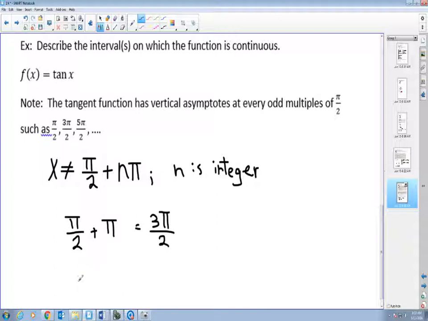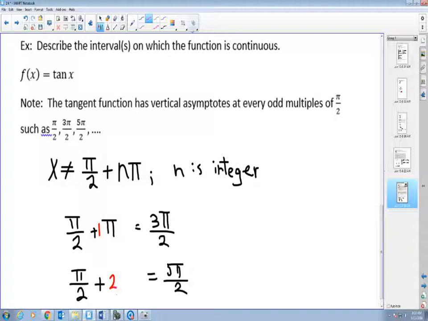Now, what if I start out with pi over 2 again? What do I need to add to make it 5 pi over 2? This is where the integer n comes in, because right in front of this pi there's a number 1, and the next one would be 2.